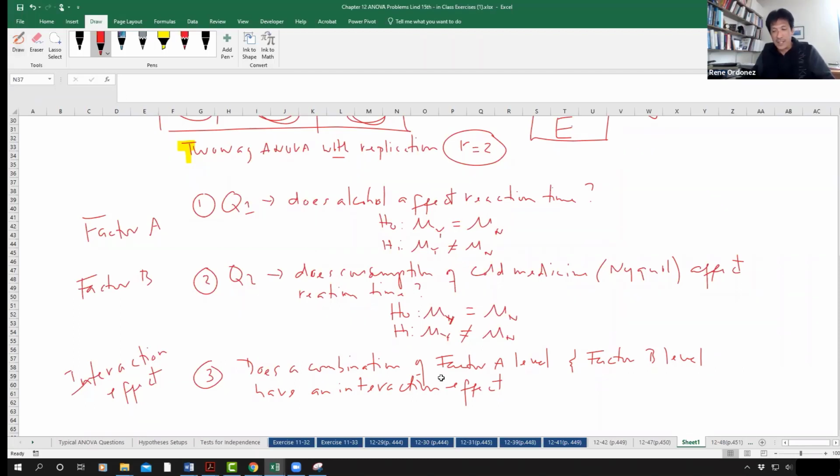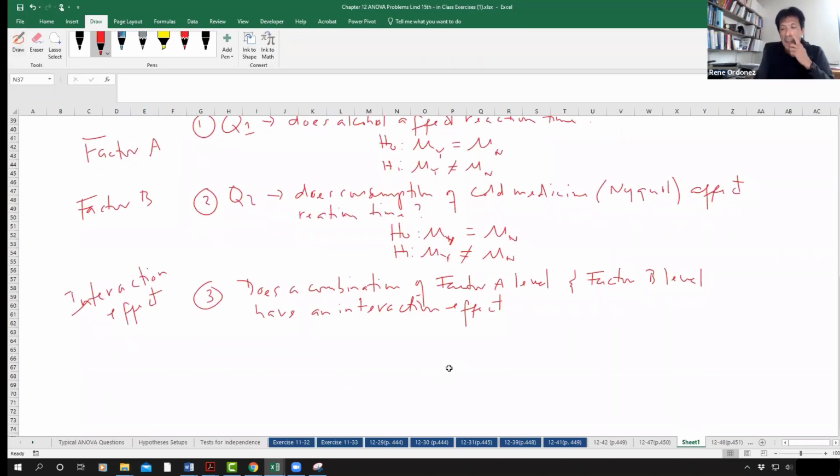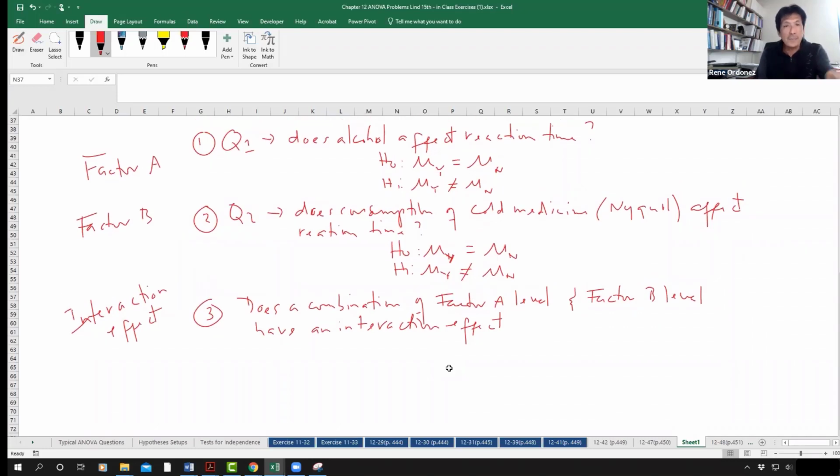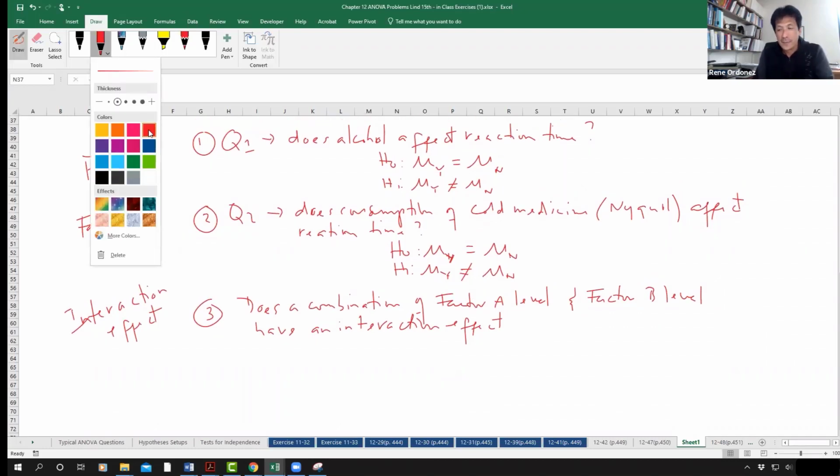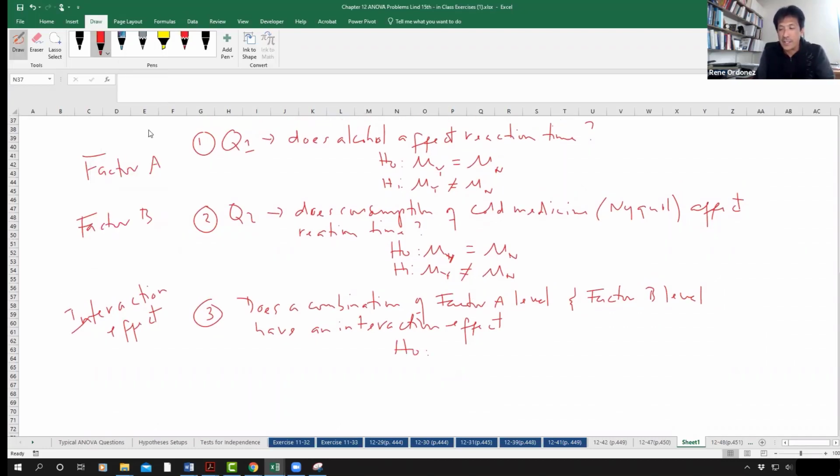The null hypothesis is stated this way. The null hypothesis says no interaction present.